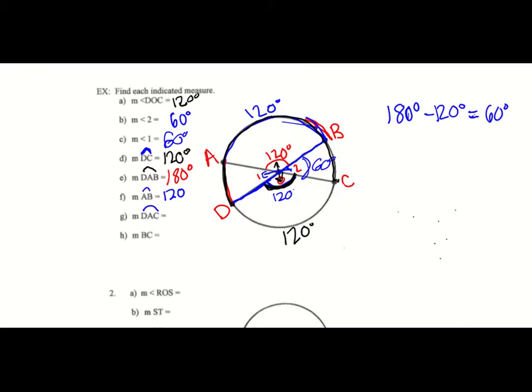If we know that DC is 120, our whole circle we start at 360 degrees. We're taking away this part right here, which is 120. It's going to give us DAC, that rest of our circle. So 360 minus 120 leaves us with 240.